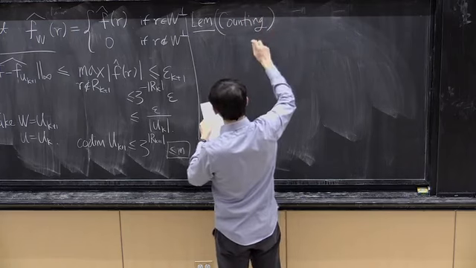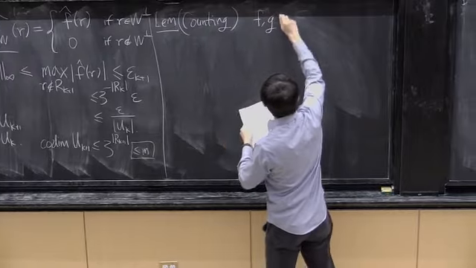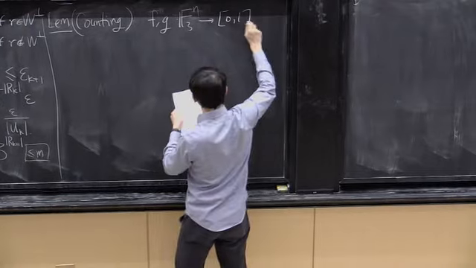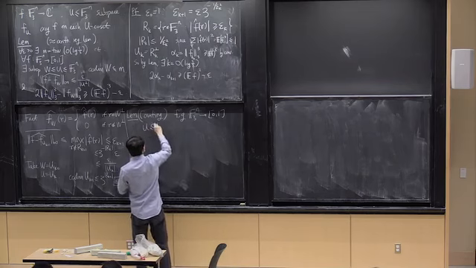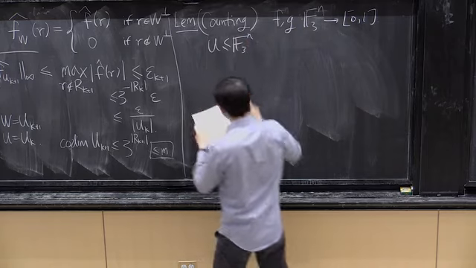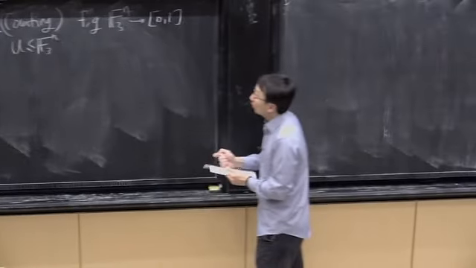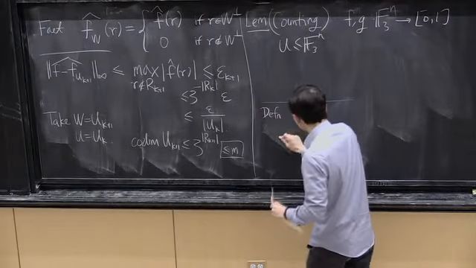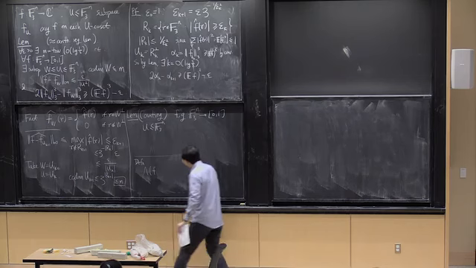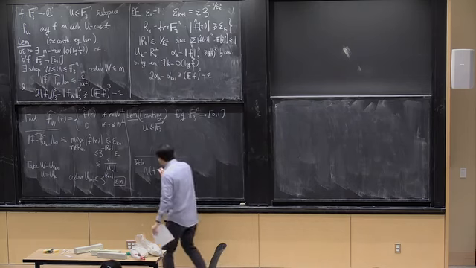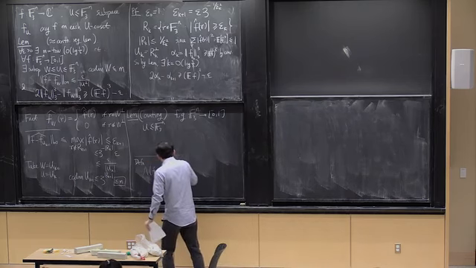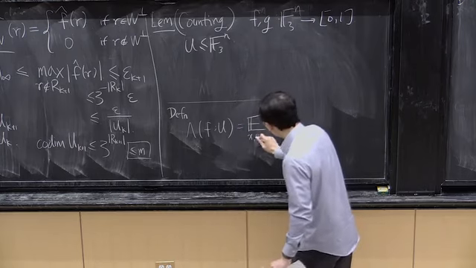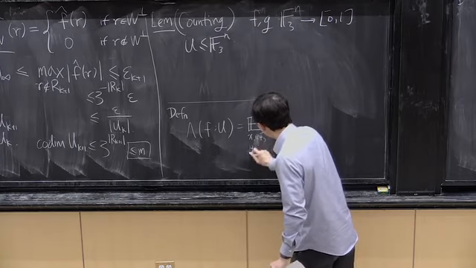So the counting lemma tells you that if you have f and g, both functions on F_3^n, and U is a subspace of F_3^n, then the quantity that I'm interested in is 3 APs where the common difference is in a particular subspace.